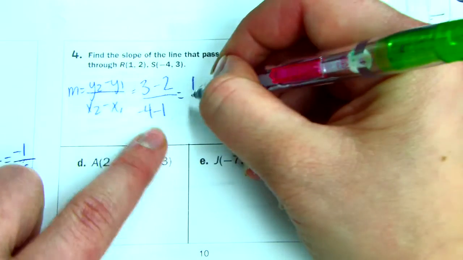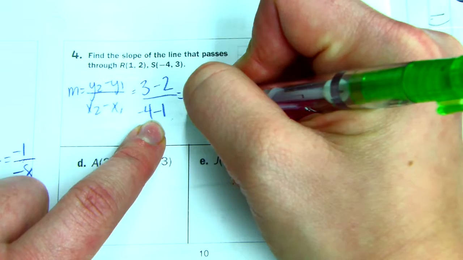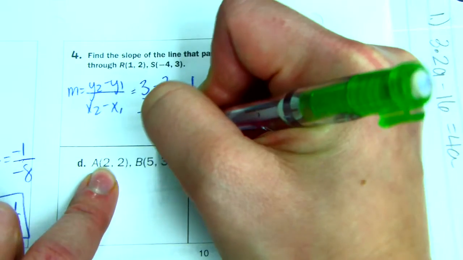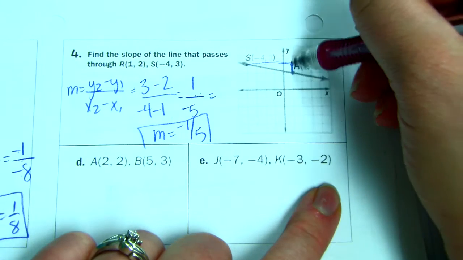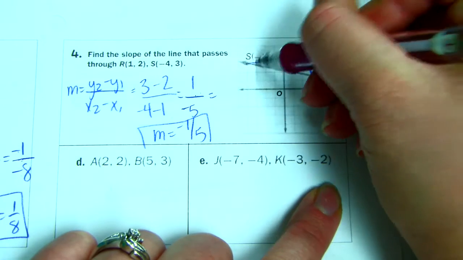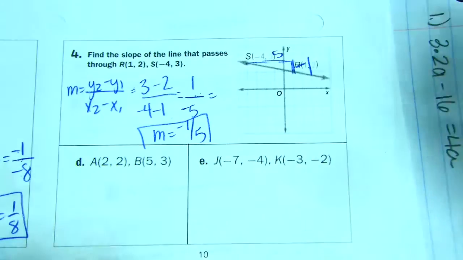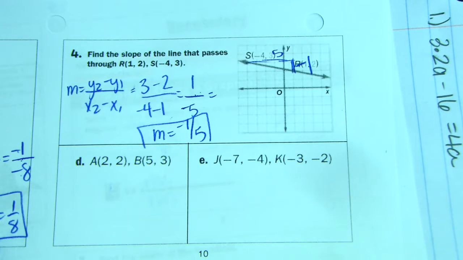So 3 minus 2 is 1, negative 4 minus 1 is negative 5. So m is equal to negative 1/5, which is what we said it should be. And it falls 1 here, and it ran 1, 2, 3, 4, 5. Negative 1/5.